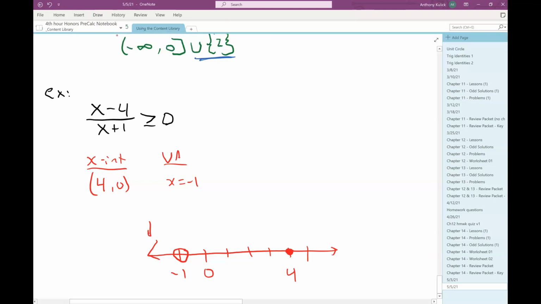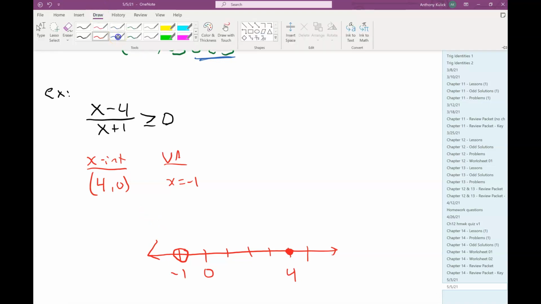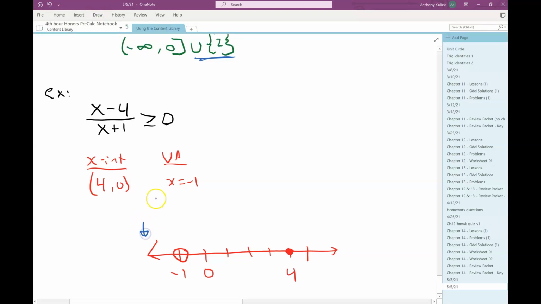So I need to pick 3 test values. Like negative 1, I'm going to pick 0, that's easy to deal with, and then 5.